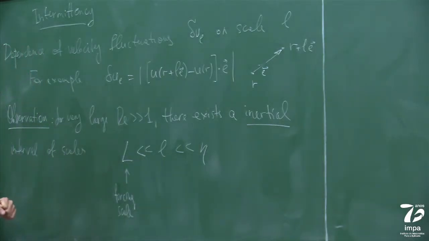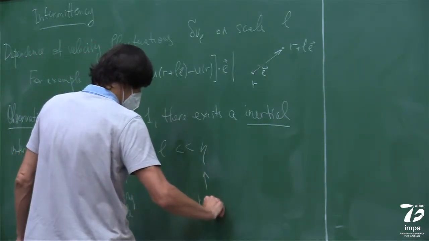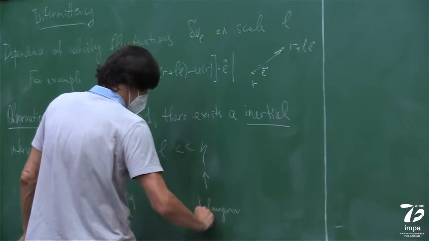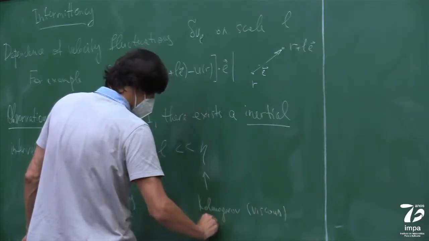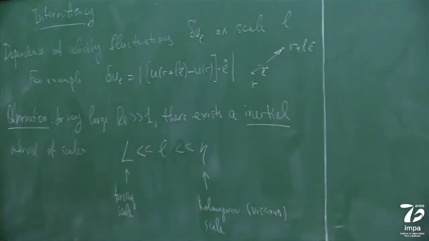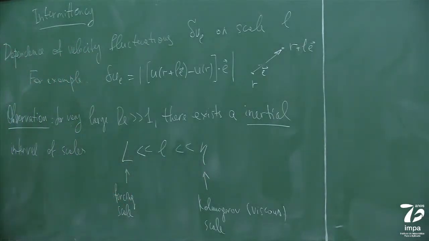But then it turns out that when you consider smaller and smaller scales, at a certain moment there is what's called the Kolmogorov scale, or viscous scale. So at a sufficiently small scale, the fluid is viscous, and the motion starts to be influenced by viscosity, so it does not evolve in a turbulent way anymore.